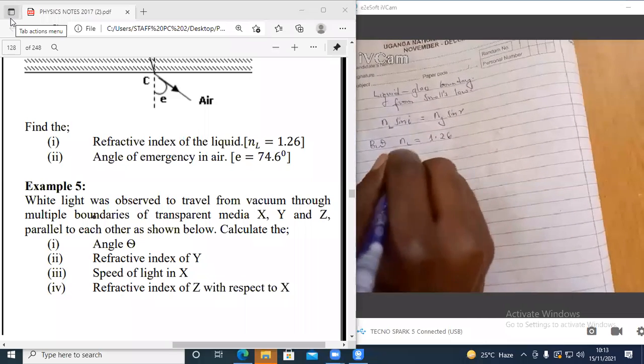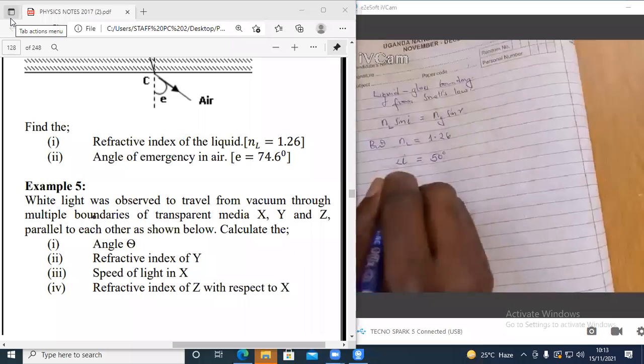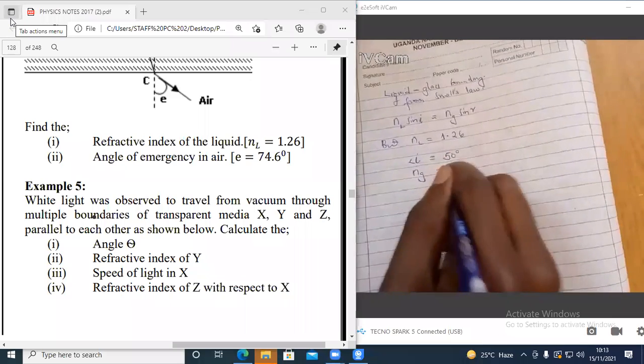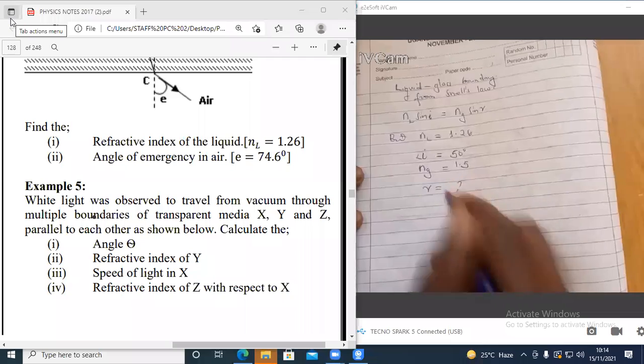Then angle I is 50 degrees. Then NG is 1.5, which was given. Then R is what we are looking for.